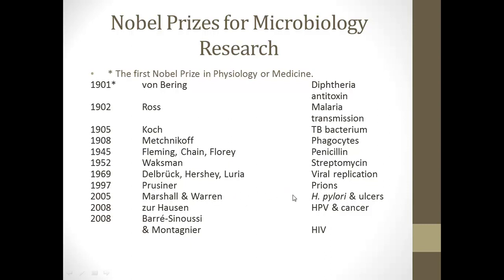Marshall and Warren came up with H. pylori and ulcers in 2005. And then in 2008, zur Hausen got a Nobel Prize for HPV and cancer, showing that human papillomavirus causes cervical cancer. And then, of course, Barré-Sinoussi and Montagnier were the ones that helped discover HIV. Here ends part B of chapter 1.